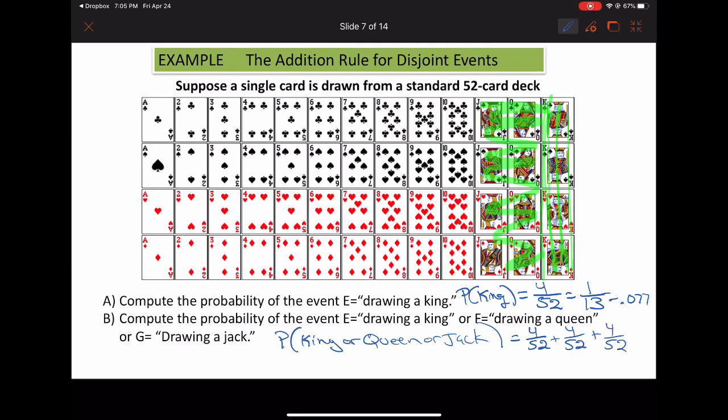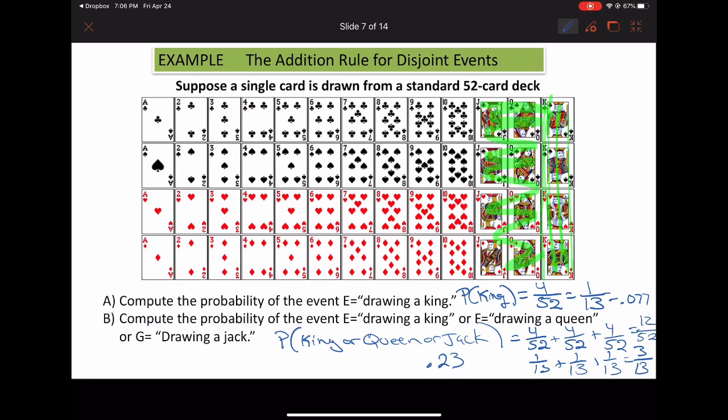Or if you wanted to do 1/13 plus 1/13 plus 1/13, that's fine also. We ended up with 3/13 or 12/52. So 3/13 simplifies, I'm going to write it over here because I ran out of room, to about 0.23. So about a 23% chance of drawing a jack or a queen or a king.